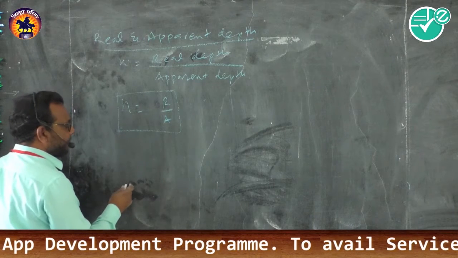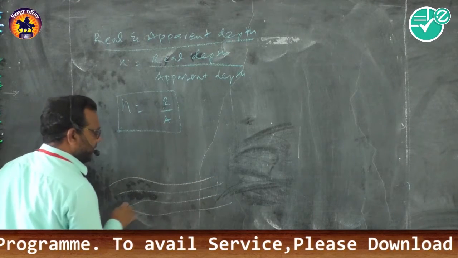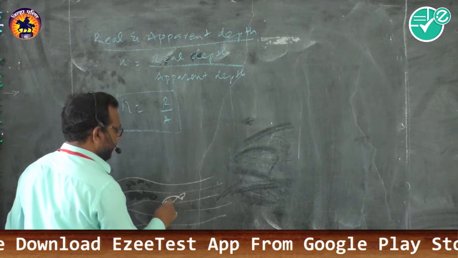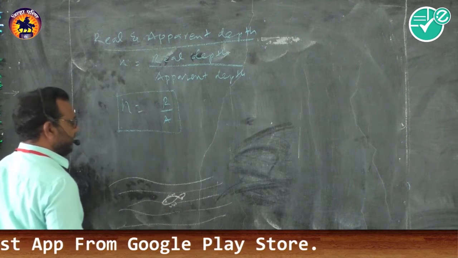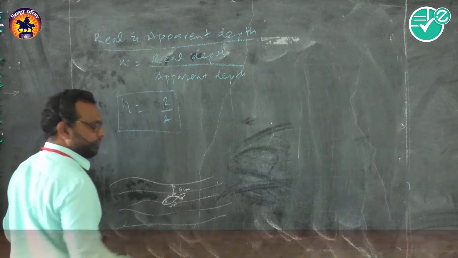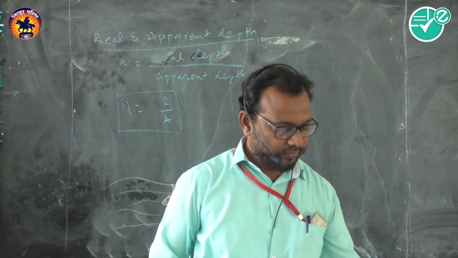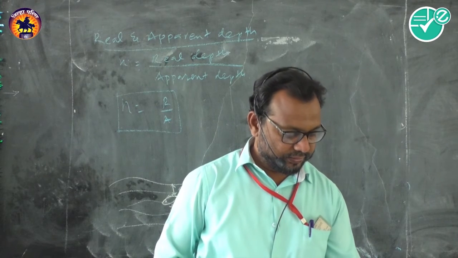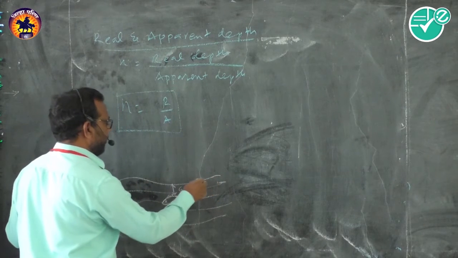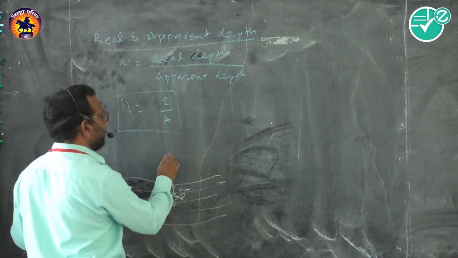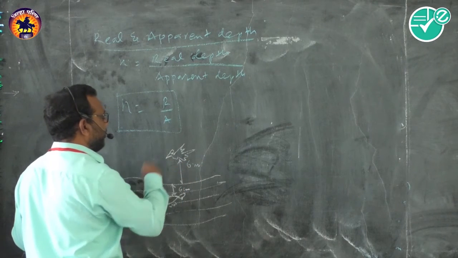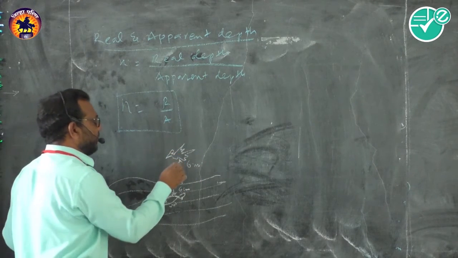Suppose in this sea or pool, a fish is swimming 6 centimeters below the surface of the water, and a crane is flying 6 meters above the water, and this crane wants to catch that fish.